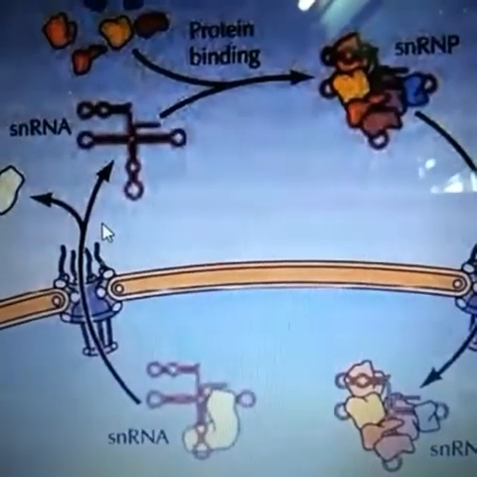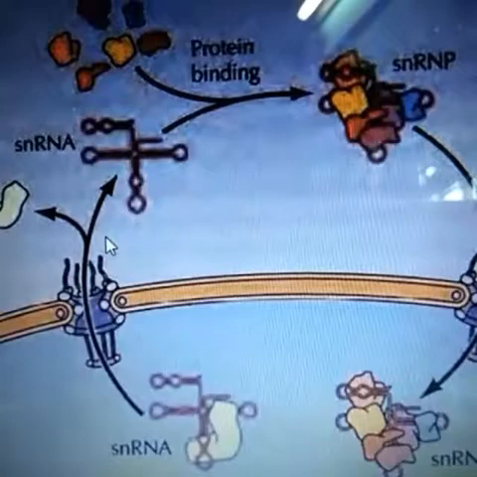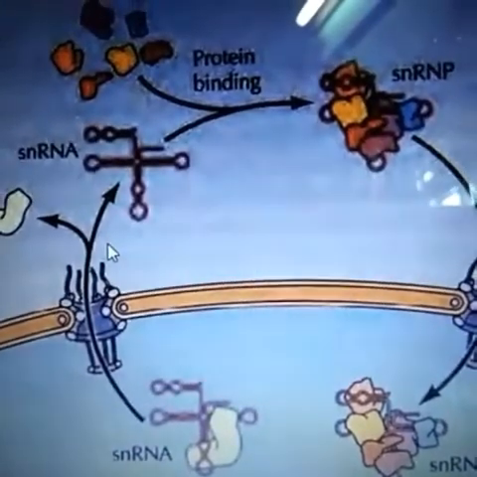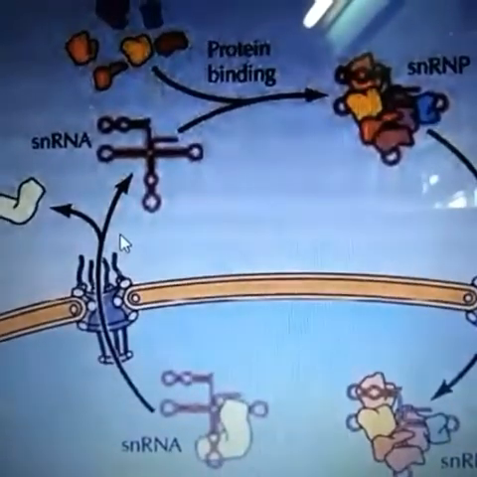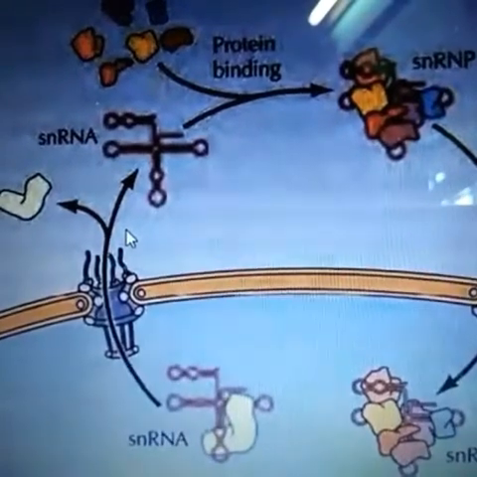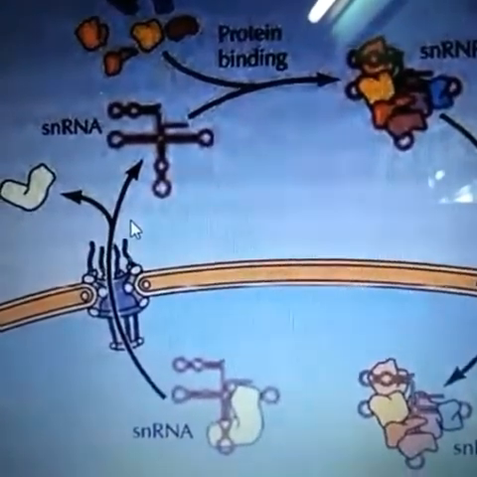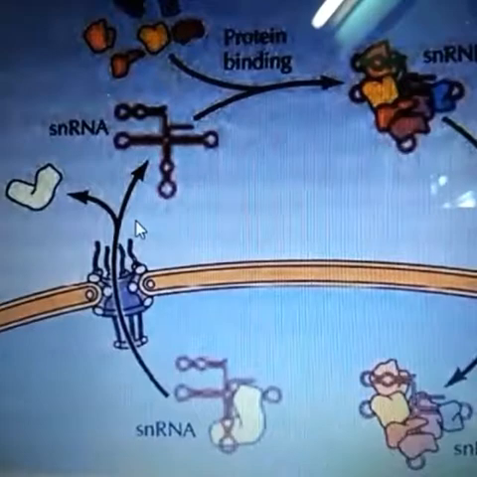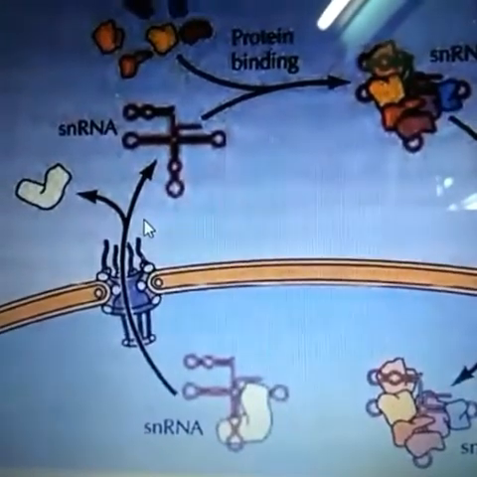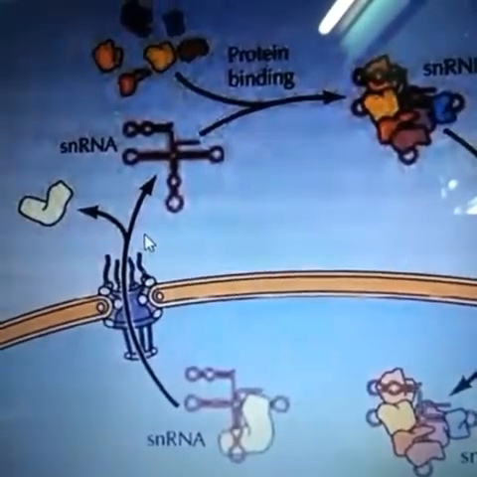Yes, this picture clearly shows the transport mechanism of small nuclear RNA, how it is transported from inside to the outside. In this case, the small nuclear RNA is firstly transported from the inside to the outside of the nucleus.